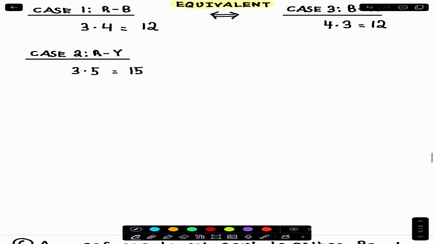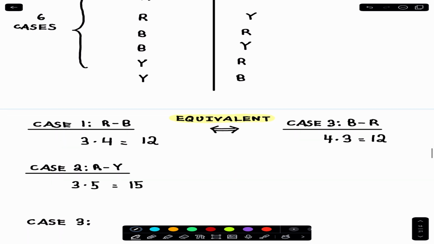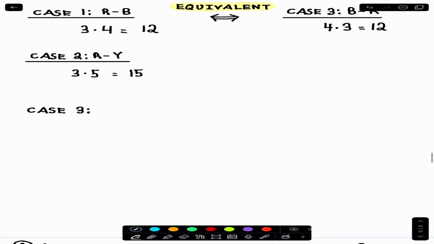So we really only have 3 different types of cases. So that would be the brown and yellow case, which is equivalent to the yellow and brown case.